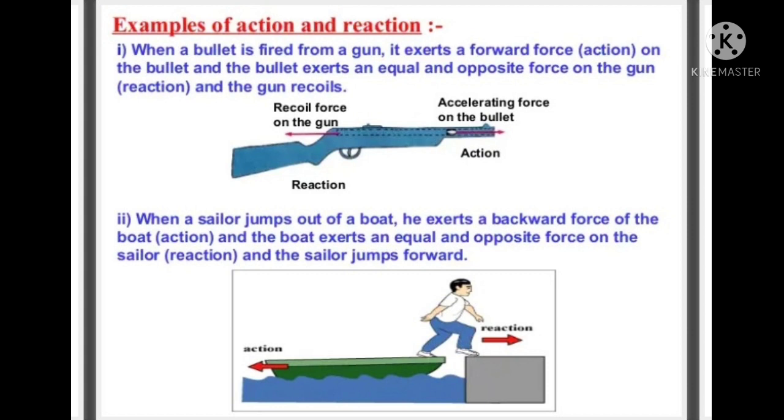Another example, when a sailor jumps out of a boat, he exerts a backward force on the boat, and the boat exerts an equal and opposite force on the sailor, and the sailor jumps forward.